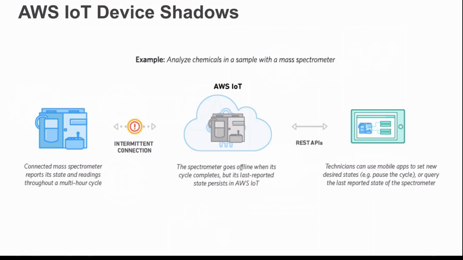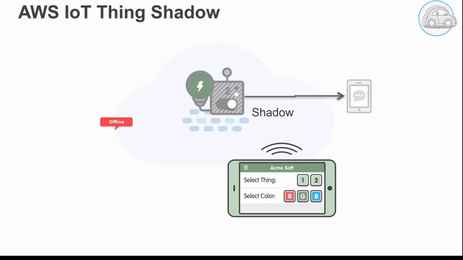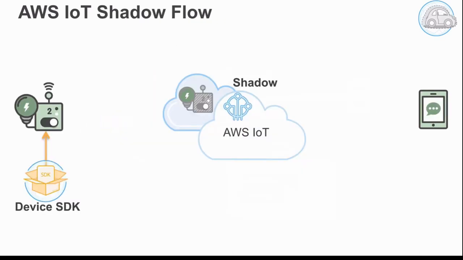So what we're doing here really is storing a representation of the device in a document database and making that available via a web services API, which is async, so you can communicate with that. You're reading a representation of the device as we've specified, even when the device is not actually online. So how does it work?